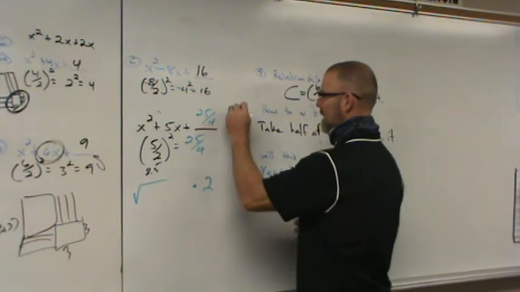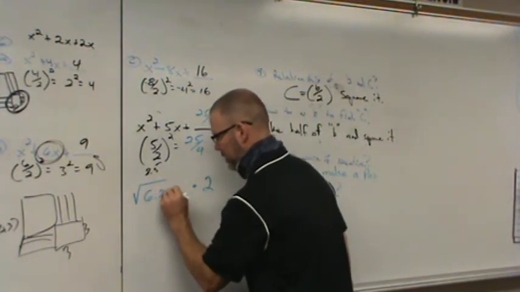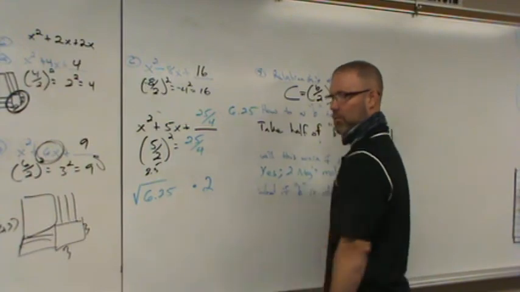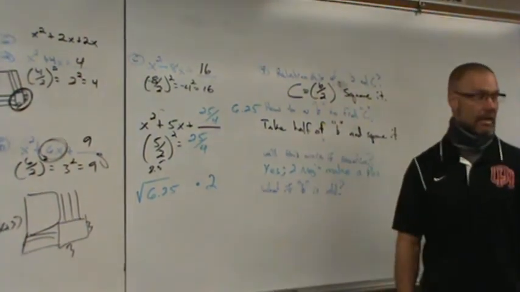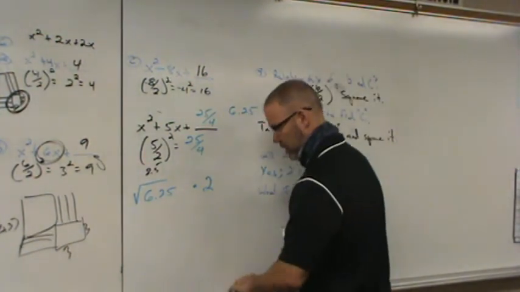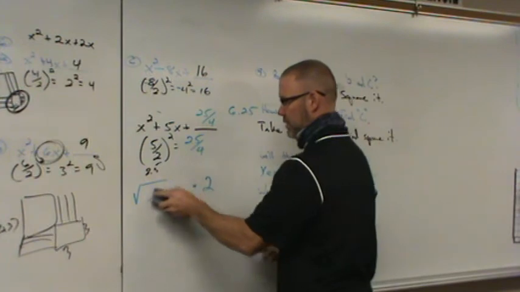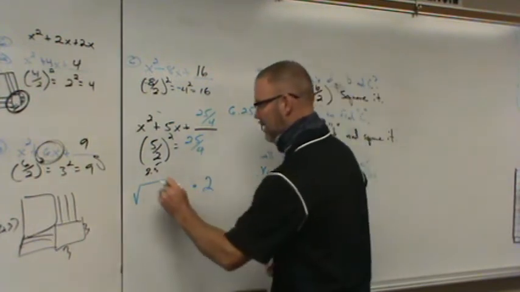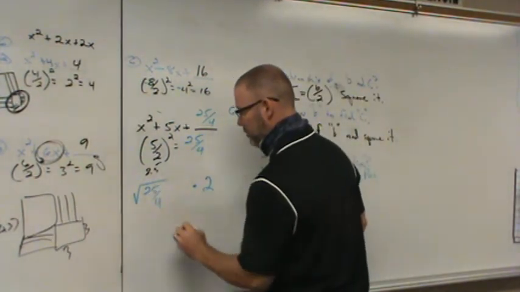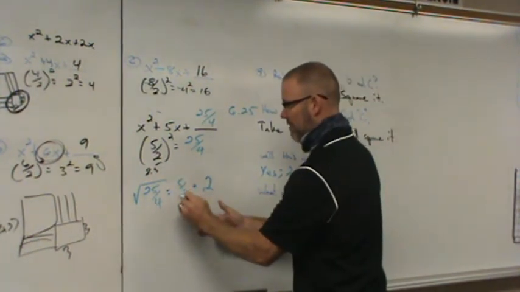If I make this a decimal, and let's say it's 6.25, well, that means I have to take the square root of it and multiply it by 2. I can't do that in my head. And this is the hard part that students will fall into. You're going to want to, oh, now I got to get out my calculator, now I got a bunch of extra work to do. Okay, fine, you do that, and I'm going to take 25 divided by 4, or the square root of that, and I'm going to say that's equivalent to 5 halves.